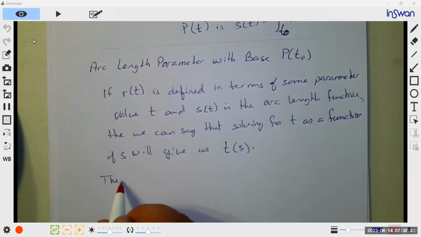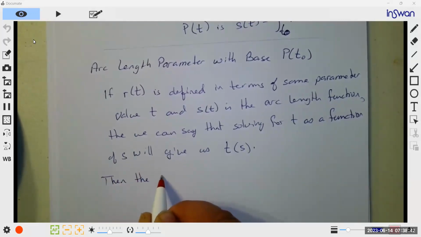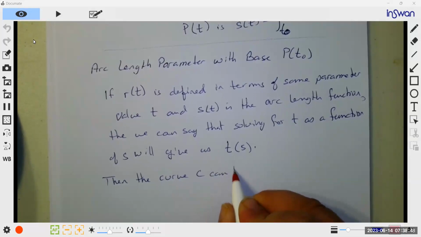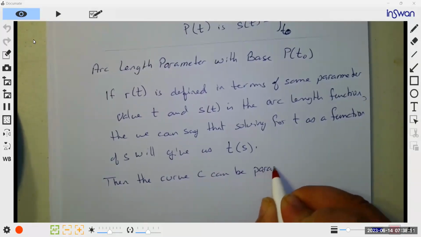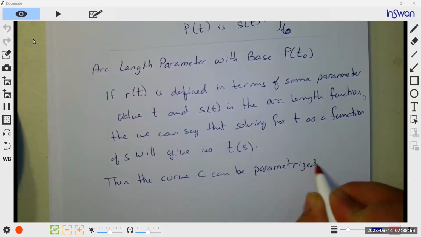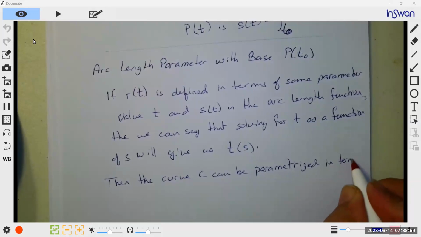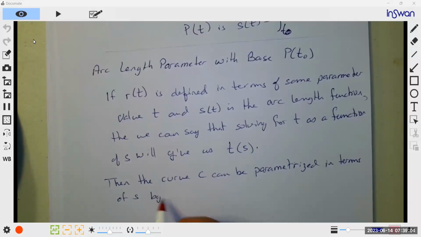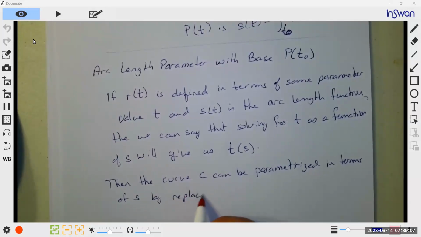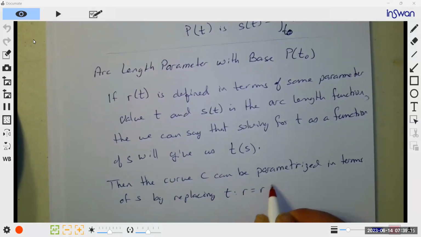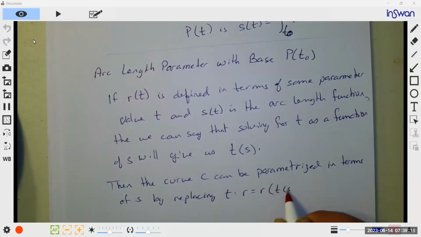When that happens, the curve C can be parametrized in terms of s by replacing t in our function.